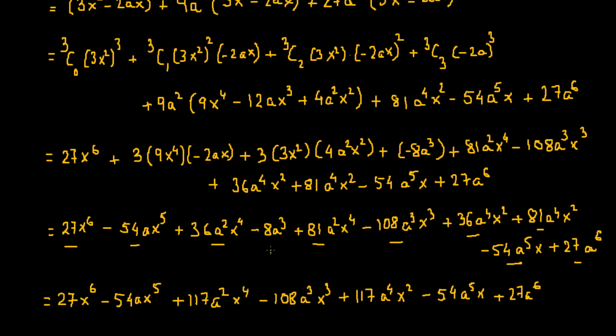So here, this doesn't fit into the term. Why? Because remember, when you add the exponents of x and a, that should give you 6, which is equivalent to n.